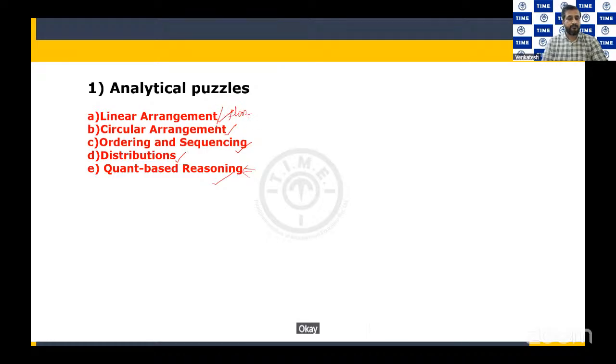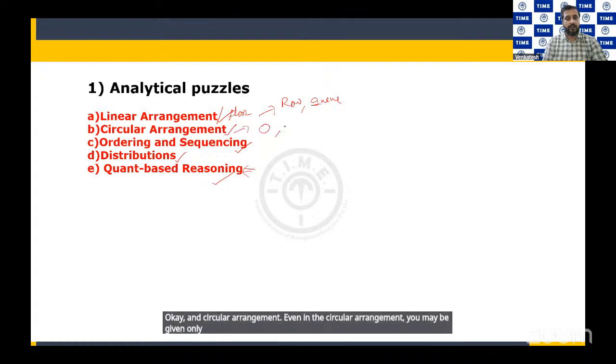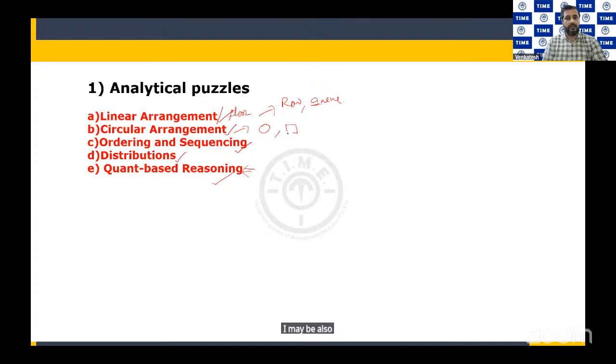Linear arrangement is either a row arrangement or a queue arrangement. A floor arrangement is nothing but queue arrangement kind of questions. And in circular arrangement, you may be given only circle related questions, or you may also be given square related questions, ordering and sequencing questions, distribution questions, and quant based reasoning questions.